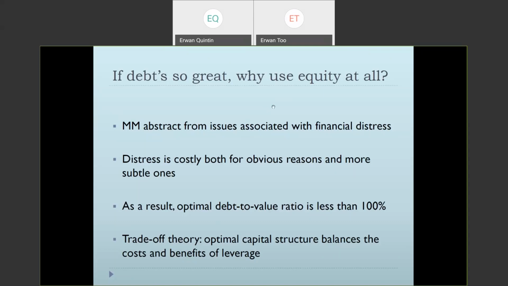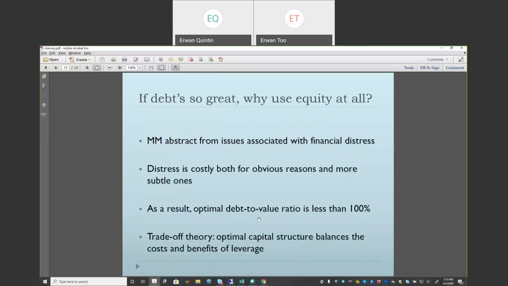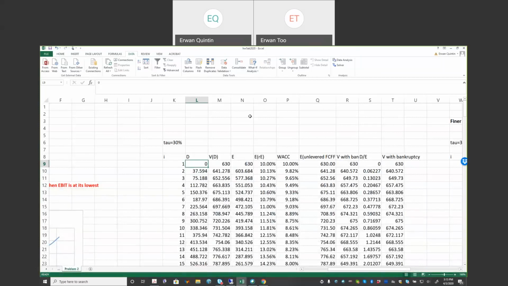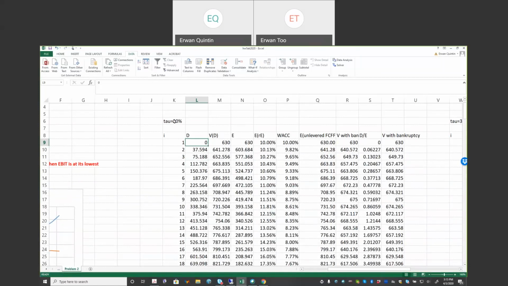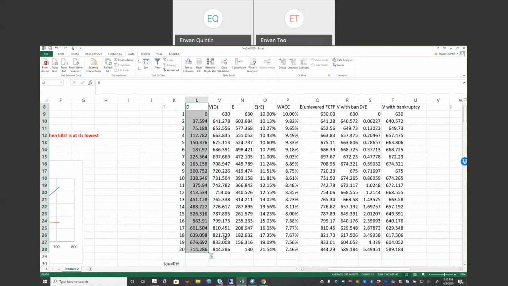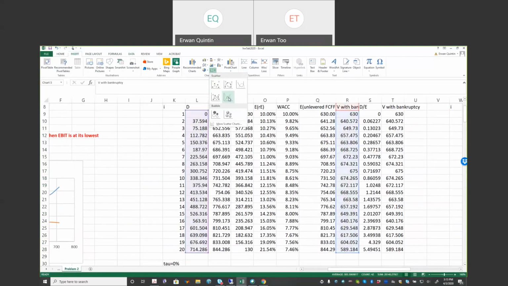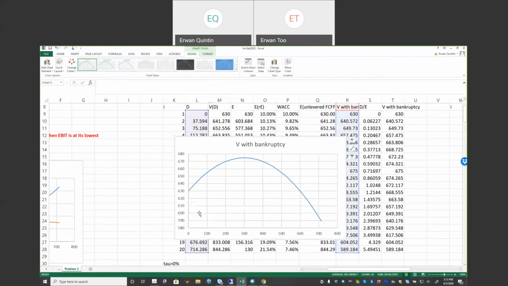So this is something we saw on homework number 5, for instance, and something we did also the other day. If I go to my answer key to homework number 5, which I already sent you, in that answer key, if we look at the case with taxes and we plot debt versus, say, the value of the corporation when I add bankruptcy costs, I'm going to get charts that look something like this, right?